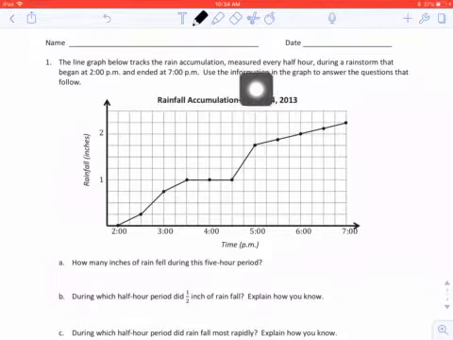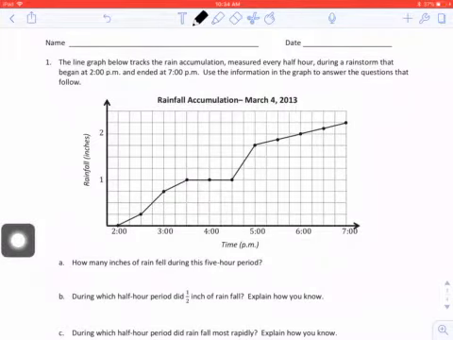We noticed that they said that they measured every half hour. If you look here, you can see every half hour is 2 spaces in this x-axis. So I'm going to first label my x-axis and my y-axis. Those are always very important to remember.